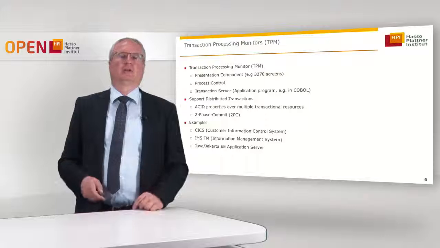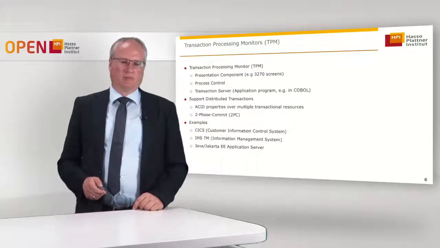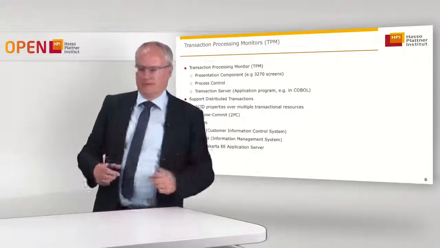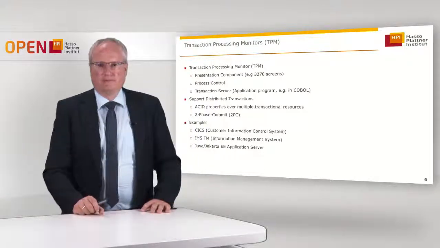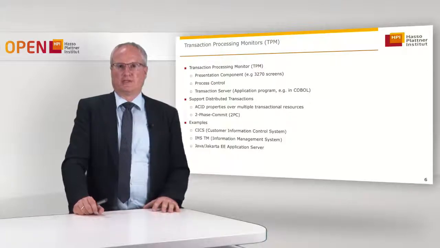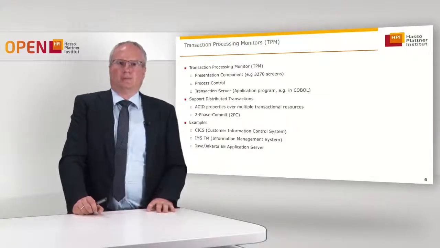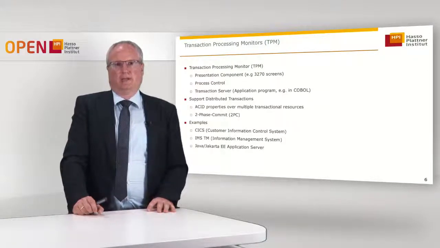So that is also one transaction processing monitor. And there are, or at least there have been in the past, offerings by other companies for other operating systems like Unix, for example, to achieve this functionality.